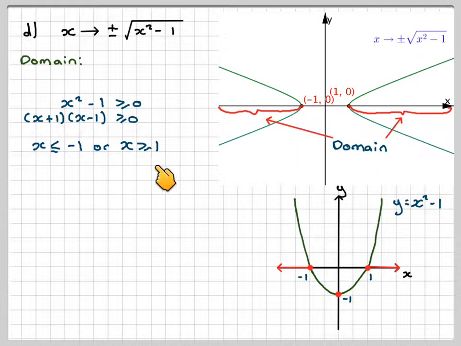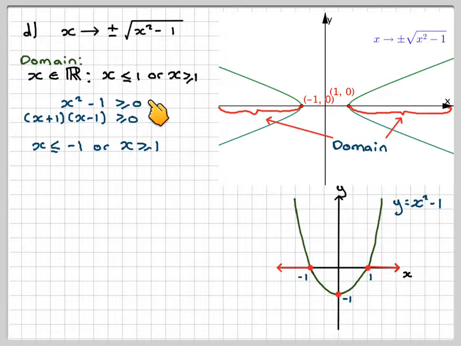And therefore you cannot put a value of x between minus 1 and 1 into this, otherwise you're going to have to take the square root of a negative number, which is not possible. So the domain will be all the real numbers such that x is less than or equal to minus 1 or greater than or equal to 1. Now, sometimes OR is written with the set notation, which is union. So that is the domain for that particular function.